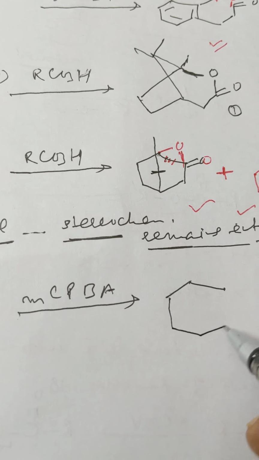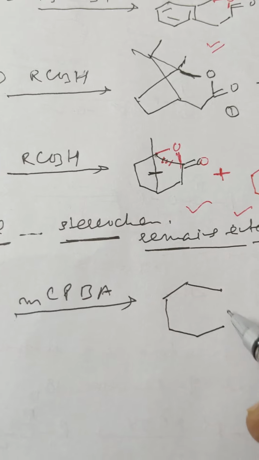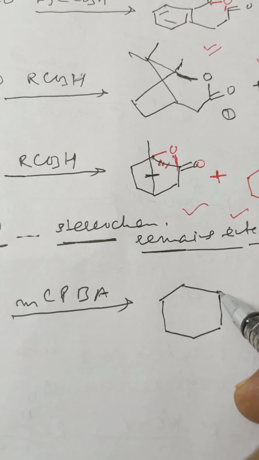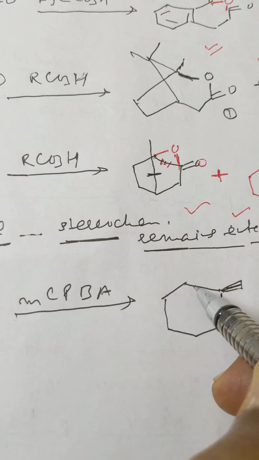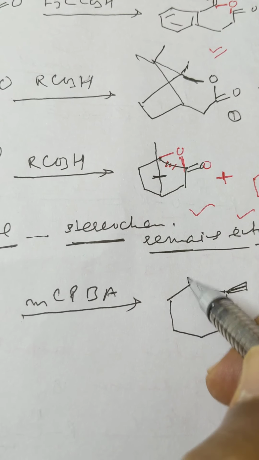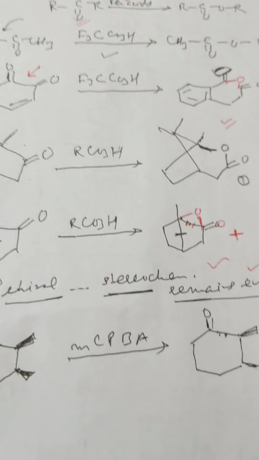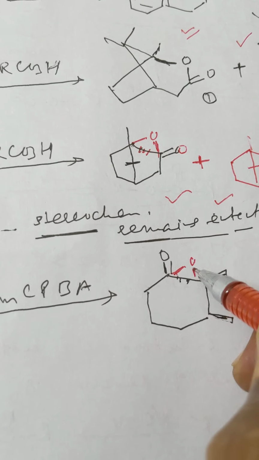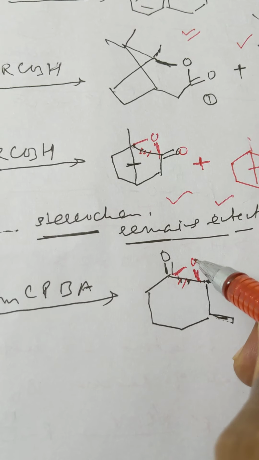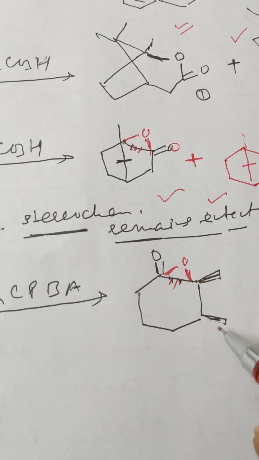This line is not there actually. This is double bond O, and we will get an oxygen in between this and this. This is the cyclic anhydride form.